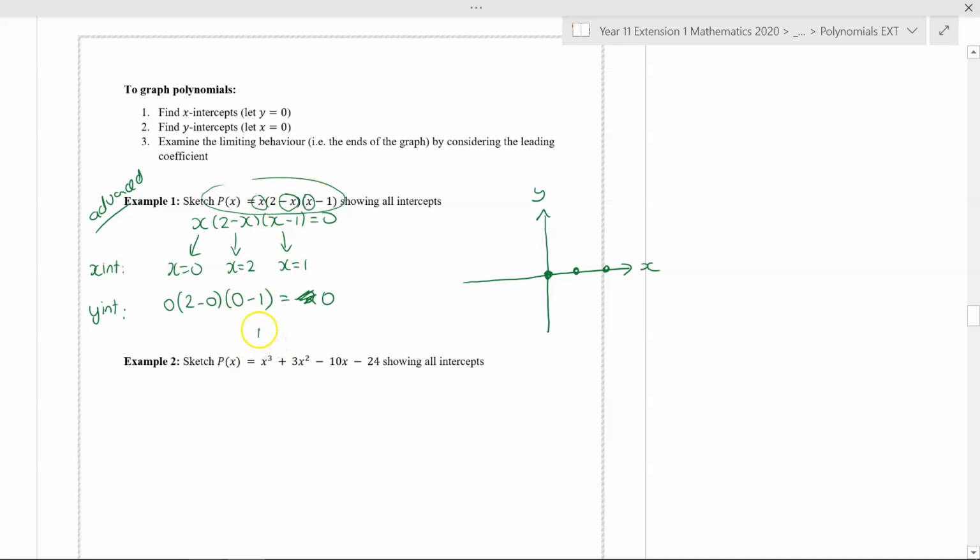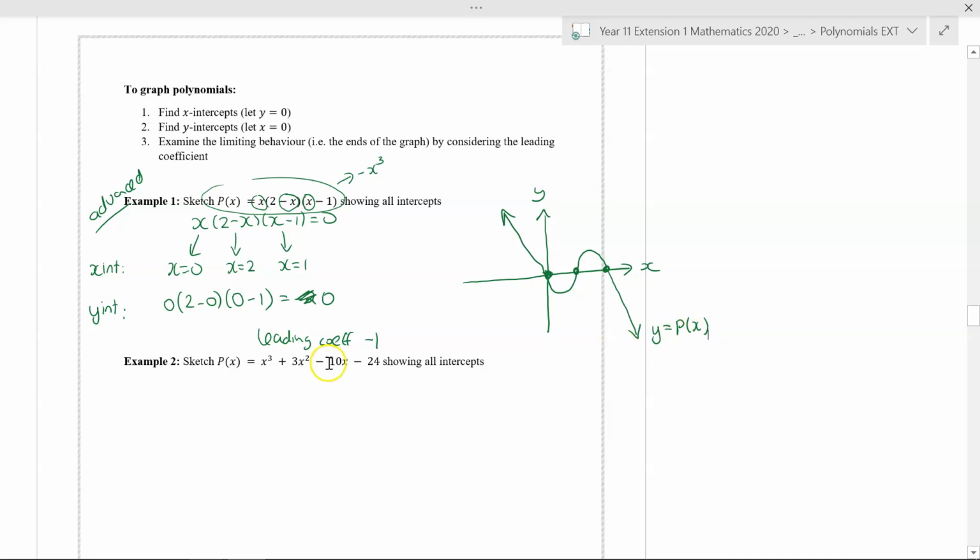So my leading coefficient would be negative 1 because that would be negative x cubed as my leading term. This means at the end it must go down. Now we're just going to make a shape of a cubic. Ew, terrible. Label it y equals the polynomial of x rather than the whole thing, a bit quicker.